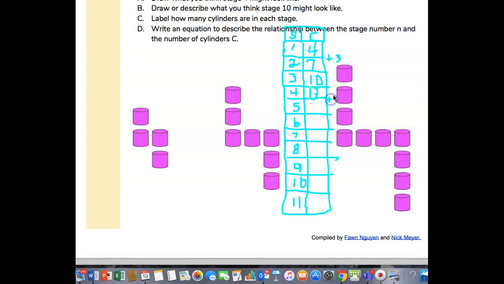So you can just fill in these. 13 plus 3 is 16. Okay, and so on and so forth. So you can go ahead and do that, but now we have to come up with an equation. And this is similar to one we did before.